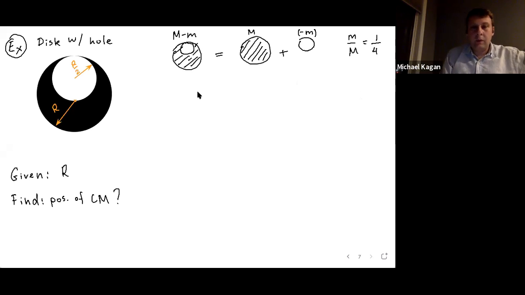So, first off, let's talk about symmetry. This is obviously a symmetric situation. I don't remember if we talked about it or not, but if you found that your object has an axis of symmetry, then the center of mass must be on that axis of symmetry. So clearly this object is symmetric around the y-axis.